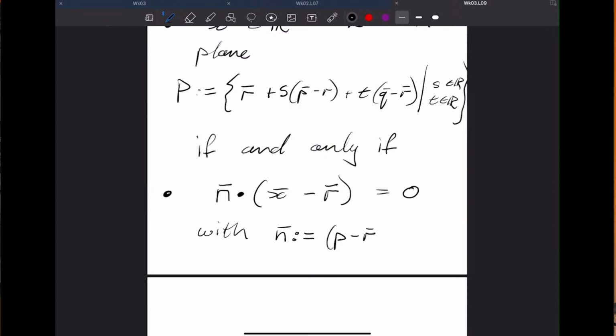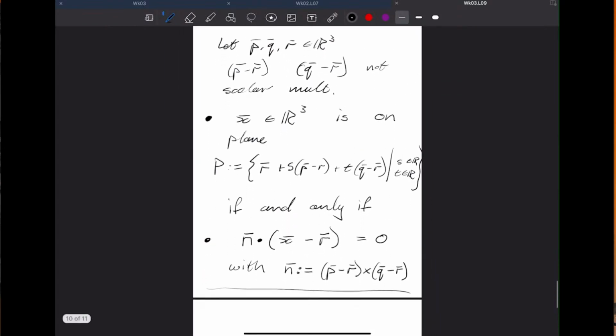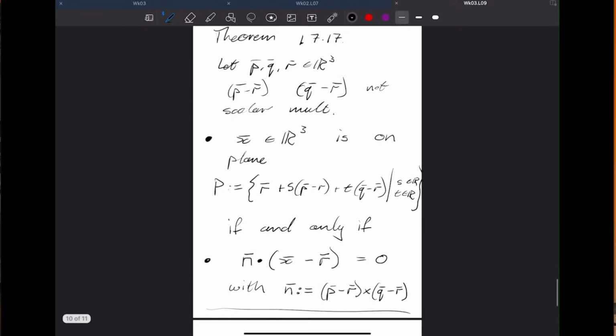So P minus R cross with Q minus R. Okay. So here we now show how we can translate between, for example, a parametric description of a plane and a Cartesian description of the plane.